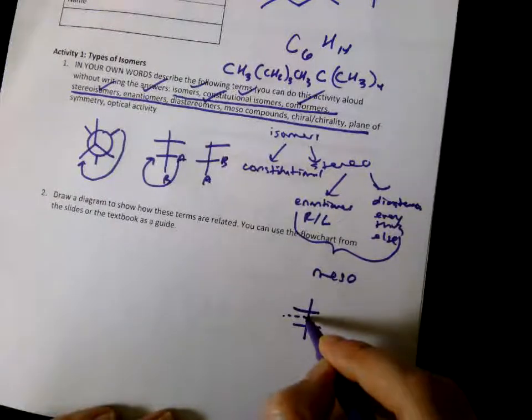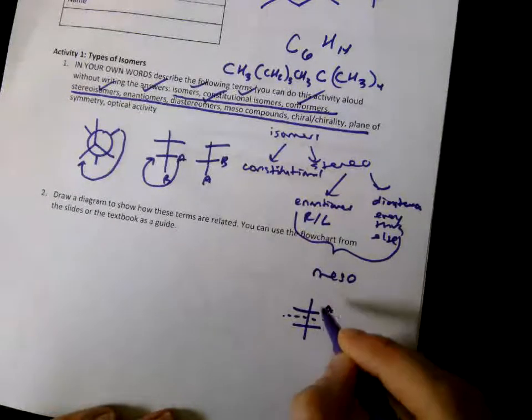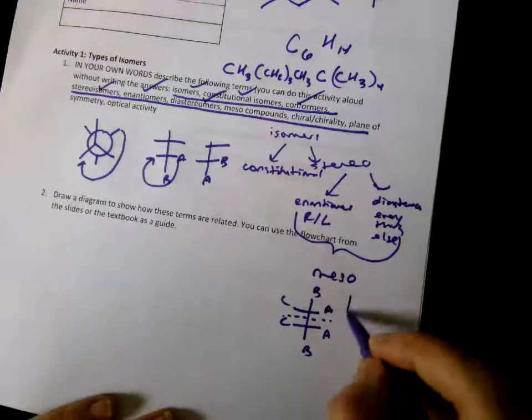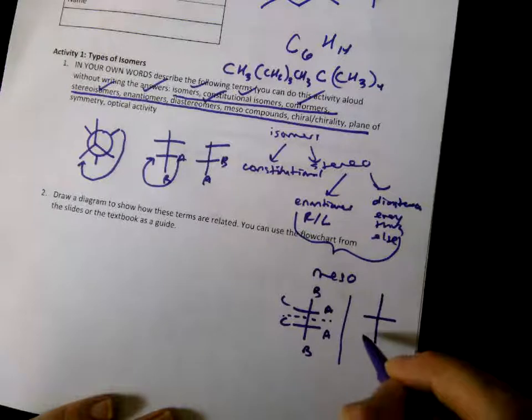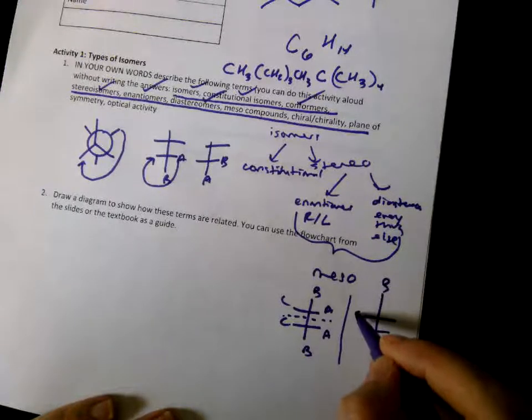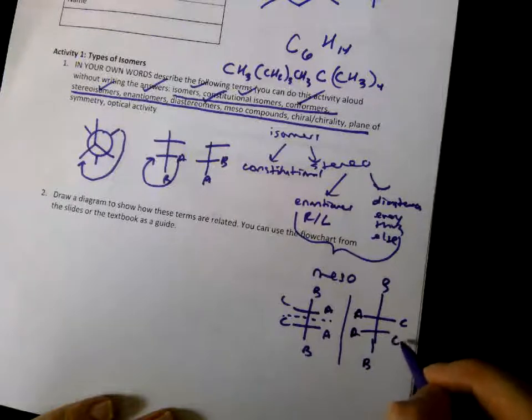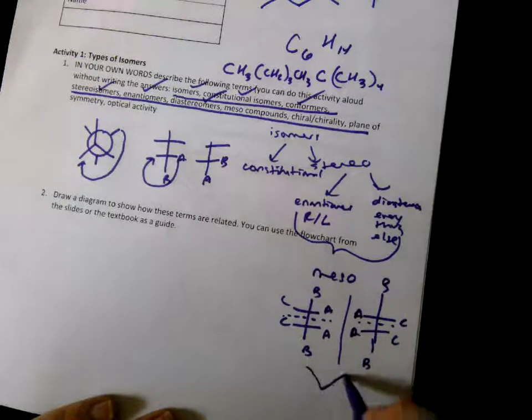So that's when there's the plane of symmetry, A, B, C, and then the mirror image of that, because that plane of symmetry means that these 2 are identical. So they're not isomers at all.